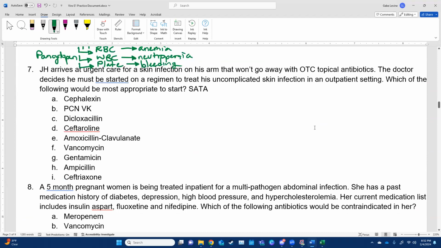All right. JH arrives at urgent care for a skin infection on his arm that won't go away with OTC topical antibiotics. Doctor decides that he must be started on a regimen to treat his uncomplicated skin infection in an outpatient setting.